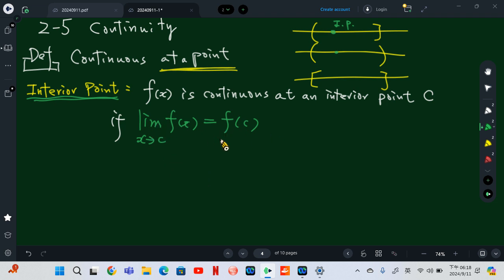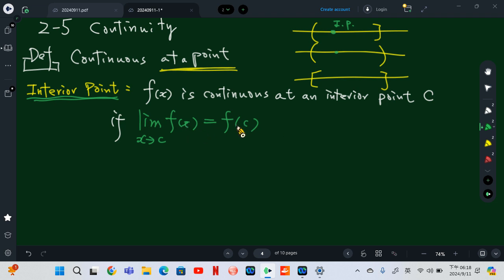Based on this expression, there are three meanings. The first one is, if you can write down limit as x approaches c of f of x, that means we can have a two-sided limit. If we can write down f of c, that means this function f of x is defined at x equal to c.